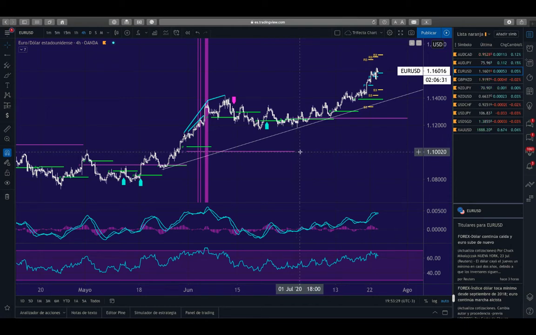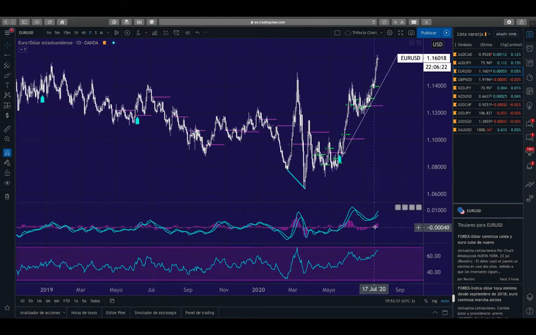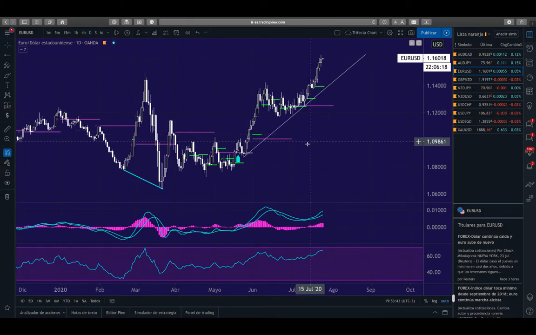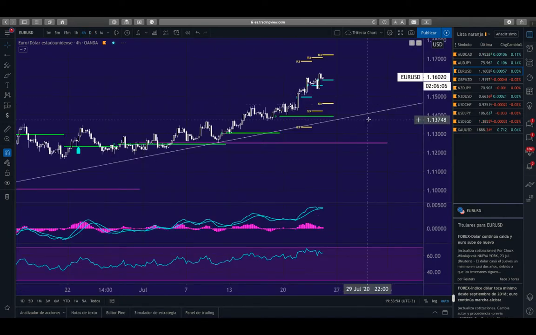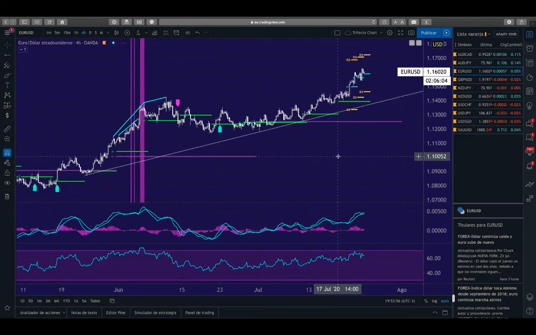So if we see a break of this trend line, this is a strong trend line. And as we can see in the daily chart, the price is getting higher and higher, and MACD is divergent. All of this is really good for a short. So if we break this trend line, we could target this level.